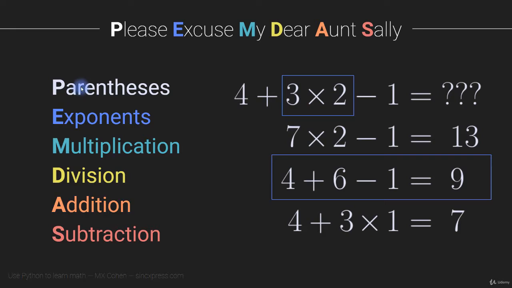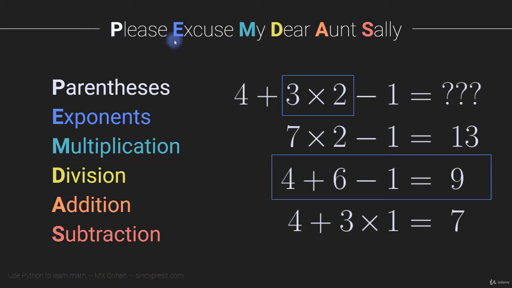Now, this might seem like a really weird list and hard to remember. And that's why people have come up with memory tricks or mnemonics to remember this order. So you can remember PEMDAS, or some people have converted this into a weird sentence and say, please excuse my dear Aunt Sally.